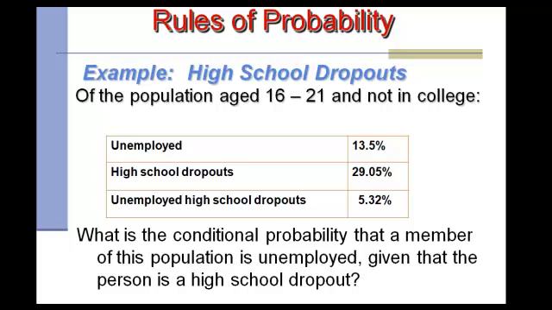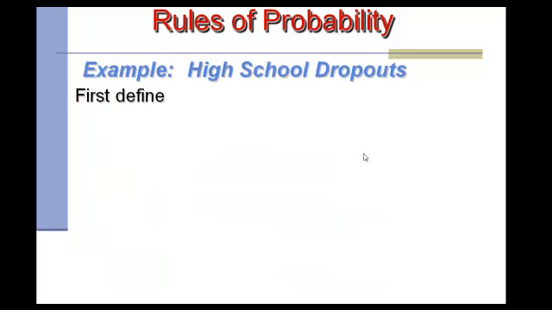So the question is, what is the conditional probability that a member of this population is unemployed given that they're a high school dropout? Given that they're a high school dropout, that's what we want to look at first. Here's the high school dropouts, 29.05%. And what is the probability that they're unemployed? Well, here's the probability of being unemployed.